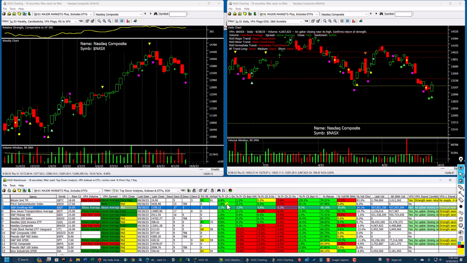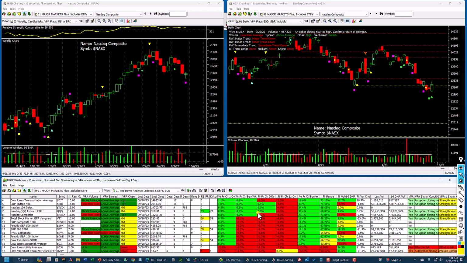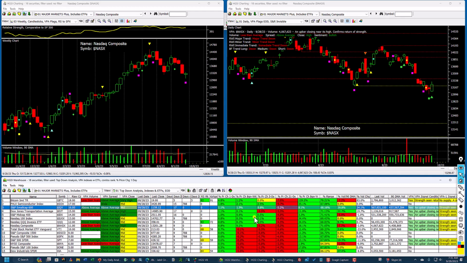Semiconductor index up 1.8% yesterday, 2.1% from the beginning of the week, and 5 days has been 2.5. I believe that on yesterday there was a lot more red across this, so you can see green appearing in many of these indexes.